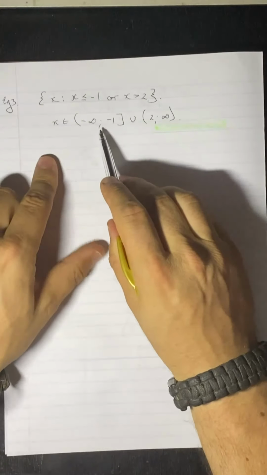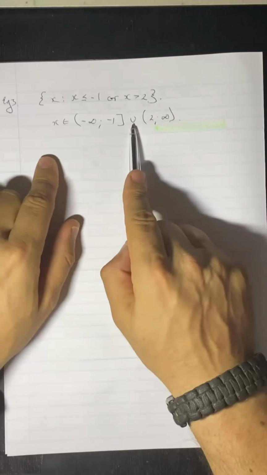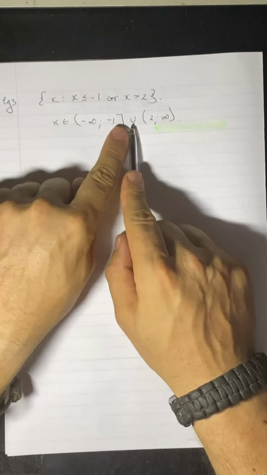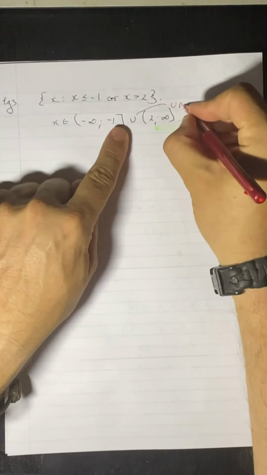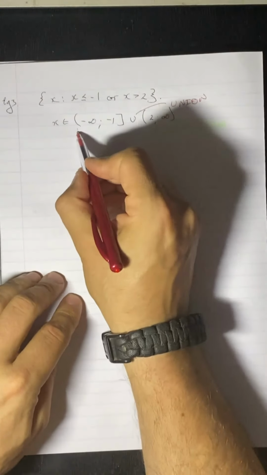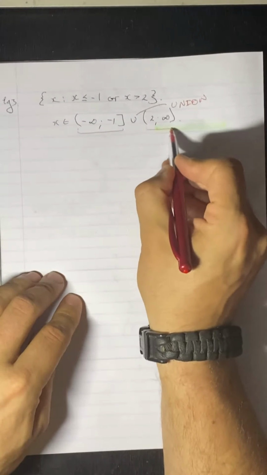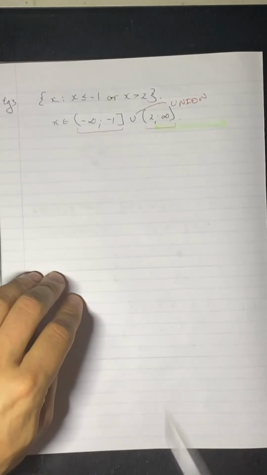Again, I'm going to be using the interval notation. It's the easier one to read. This sign over here just means union. All union means is you are joining two solutions together. Our one solution is over here and our second is over there. So we are just joining those two solutions together.